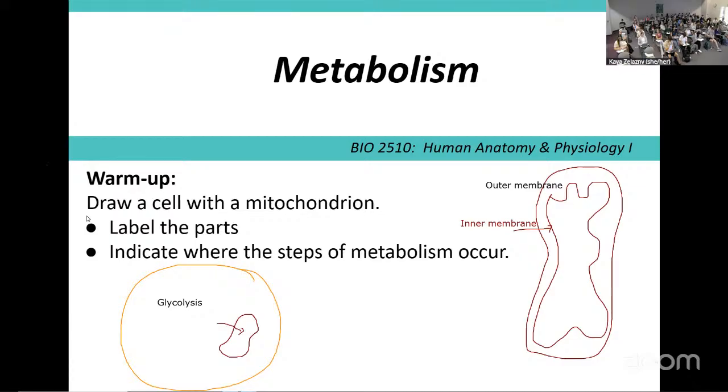Between the two, they're not like glued to each other. We got a space, right? So we have our intermembrane space in this gap, right? So this gap here is our intermembrane space.